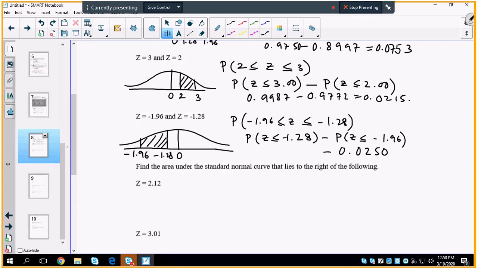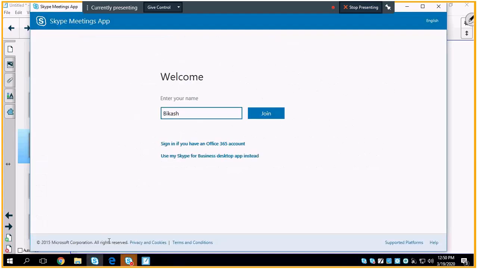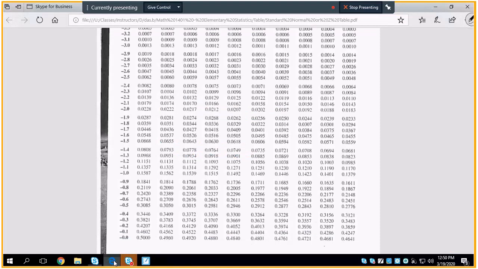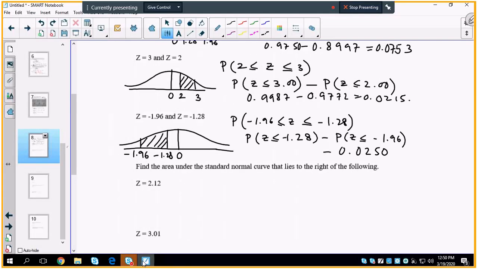And then I do it for negative 1.28. This time the row is negative 1.2 and the column is 0.8. Negative 1.2, column is 0, 1, 2, 3, 4, 5, 6, 7, 8. So that's 0.1003.